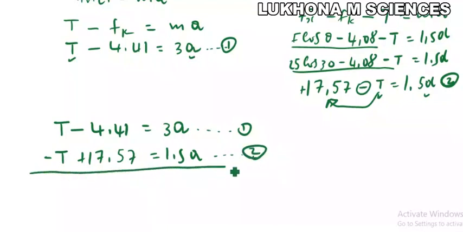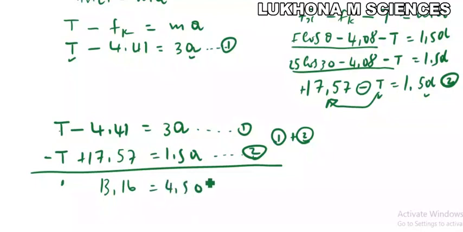In physics, let's just use the elimination or addition method. So we have equation 1 plus equation 2, always in this topic. Tension minus tension is 0, so we get 0 there. Then minus 4,41 plus 17,57 is equal to 13,16, which is equal to 3 plus 1,5, that's supposed to be 4,5, times a.